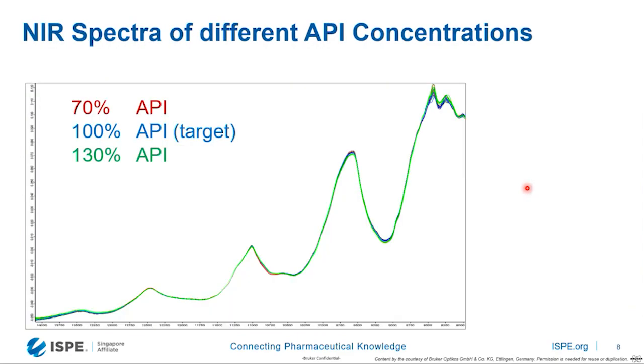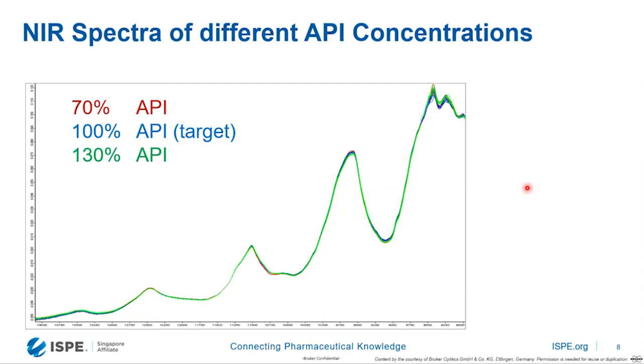When you look at the spectra in NIR, you don't see many peaks like you see in mid-IR, because the absorptions in the NIR region are highly overlapped, and this is caused by overtone and combination absorptions.